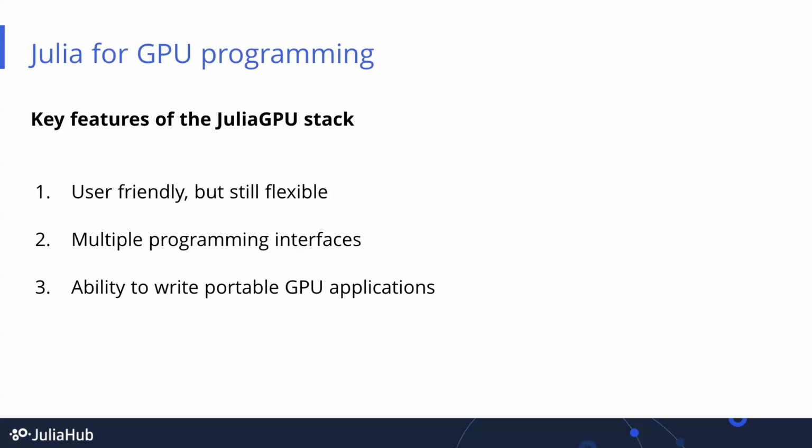At the same time, we don't want to take the flexibility out of your hands, because people will inevitably want to implement advanced stuff, or people who are familiar with the low-level stuff may end up having to work with Julia. So we want them to be able to do what they're good at. We also offer multiple programming interfaces. And lastly, we also want to offer the ability to write code that executes across different GPU vendors. So I'll be going into detail on each of those.